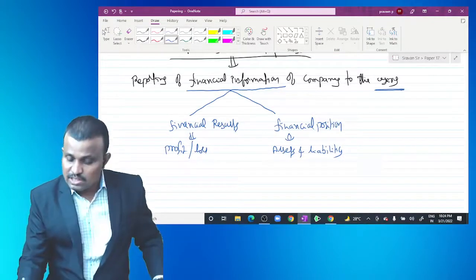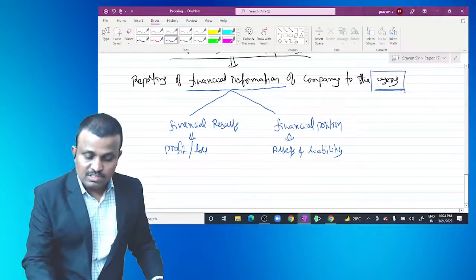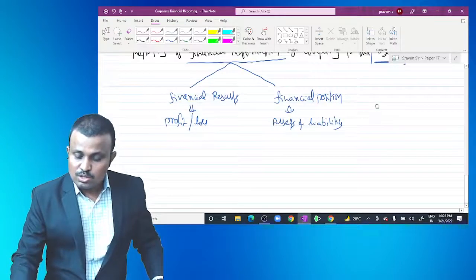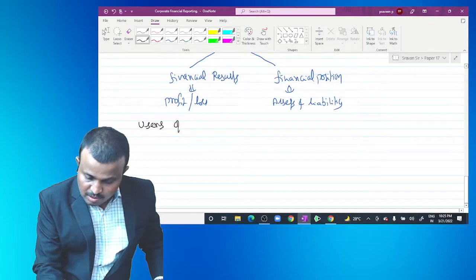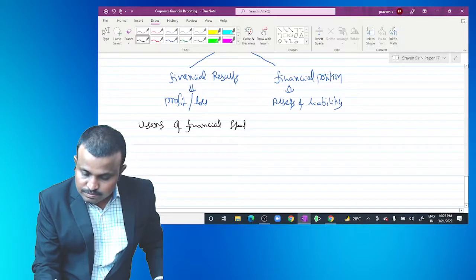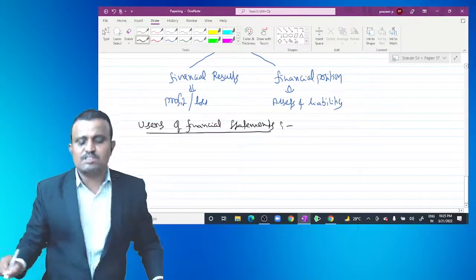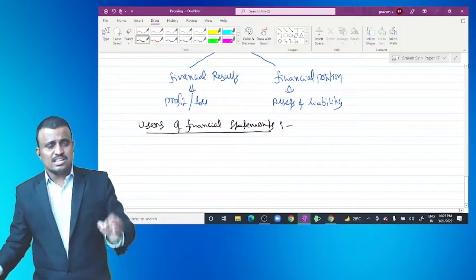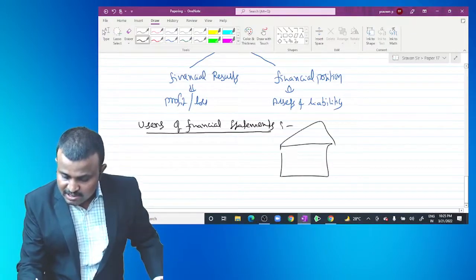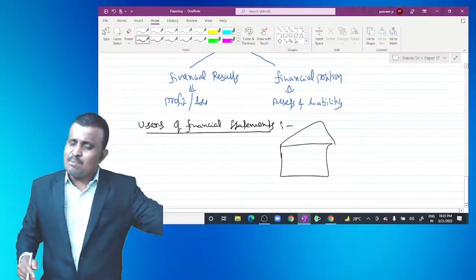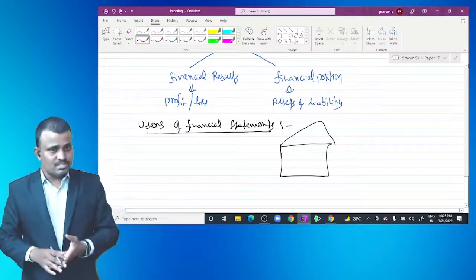Here we use the word users. So what is meant by users of financial statements? If you observe day-to-day business operations, a number of parties deal with the business.